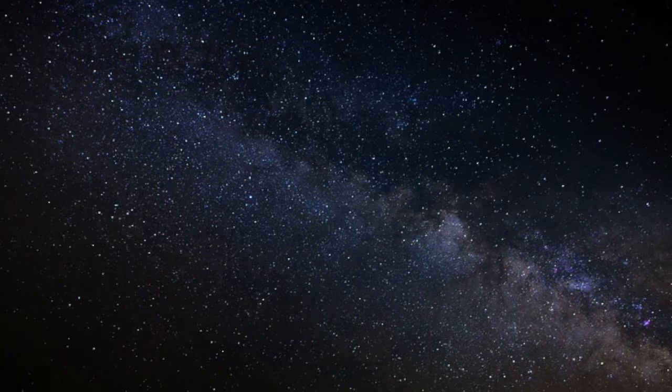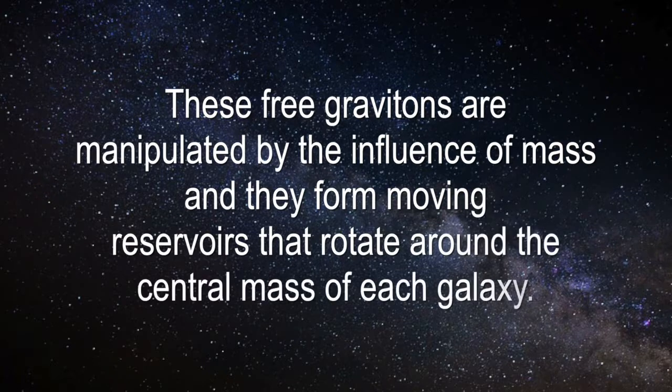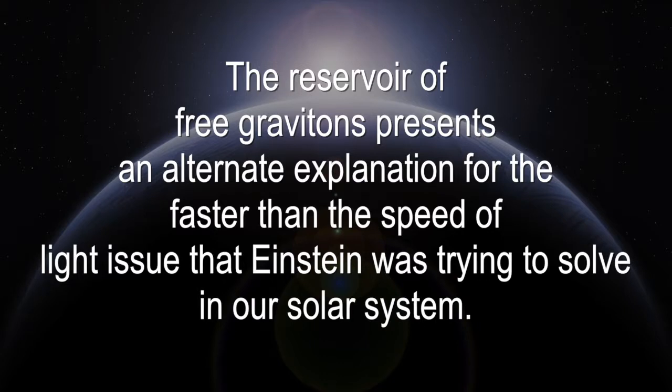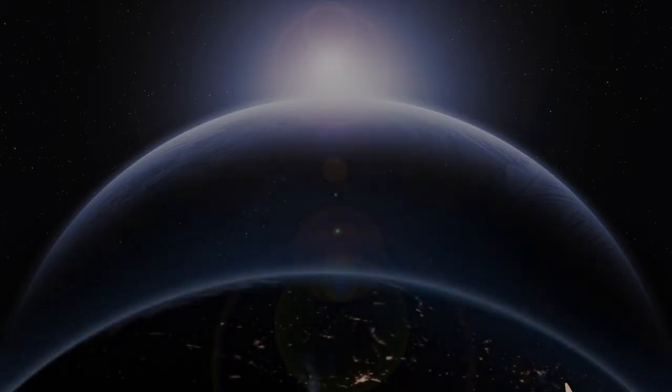One of these particles is the free graviton. These free gravitons are manipulated by the influence of mass, and they form moving reservoirs that rotate around the central mass of each galaxy. The reservoir of free gravitons presents an alternate explanation for the faster than the speed of light issue that Einstein was trying to solve in our solar system.